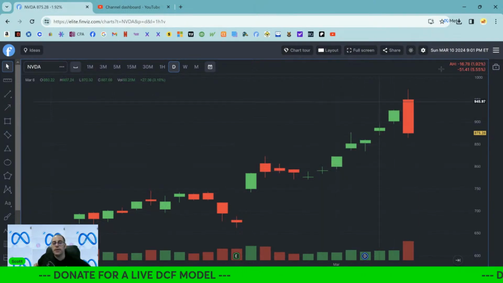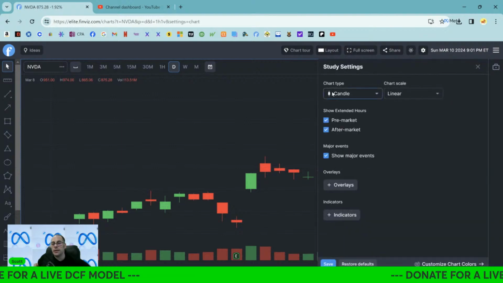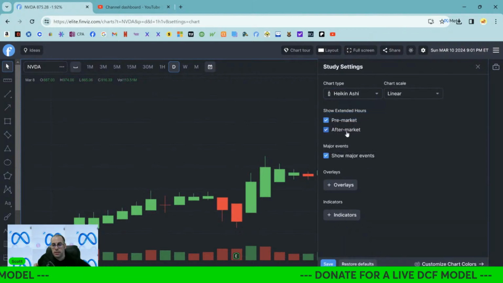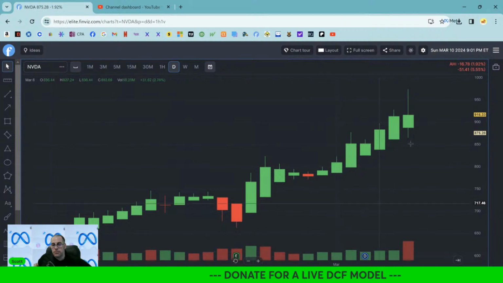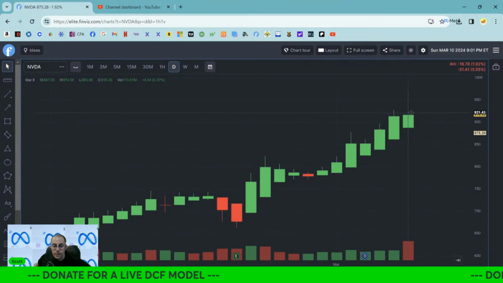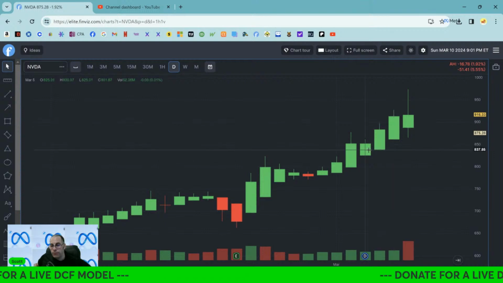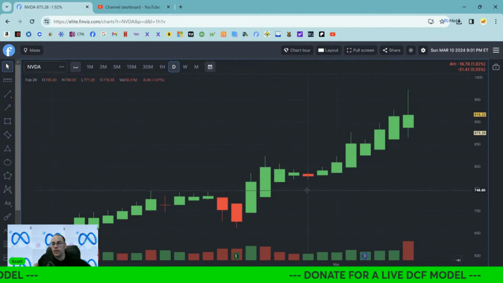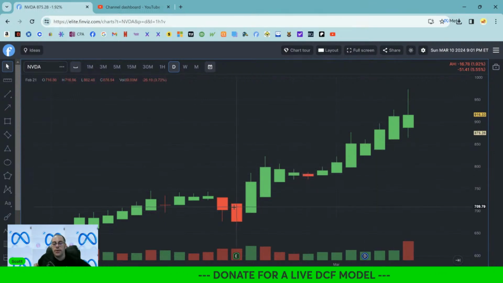So all these greens. But if you do the Heiken Ashi, it's green even this day. It's actually 2, 4, 7 straight green days, then a red, then 3 green.